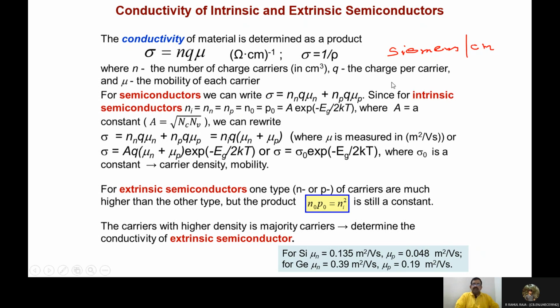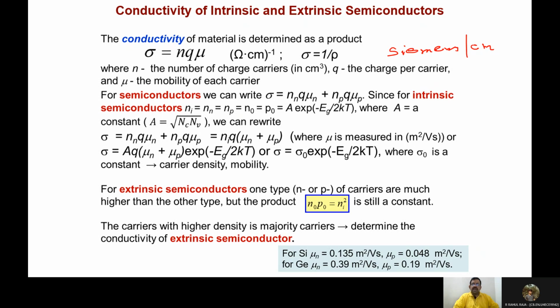So with that, you can also see the value of the mobility over here. The unit measured is mu n equal to 0.135 meter square per volt second.